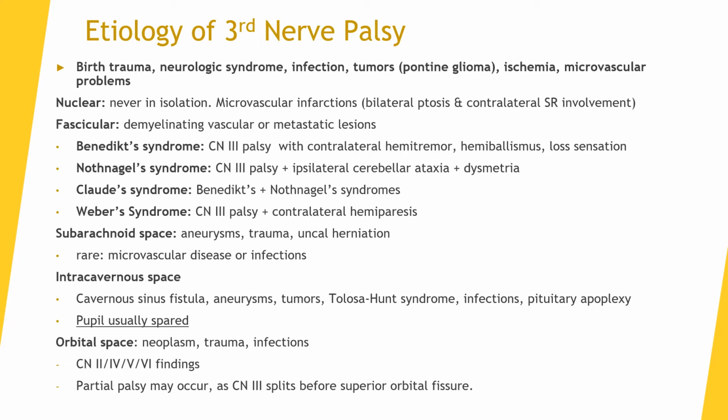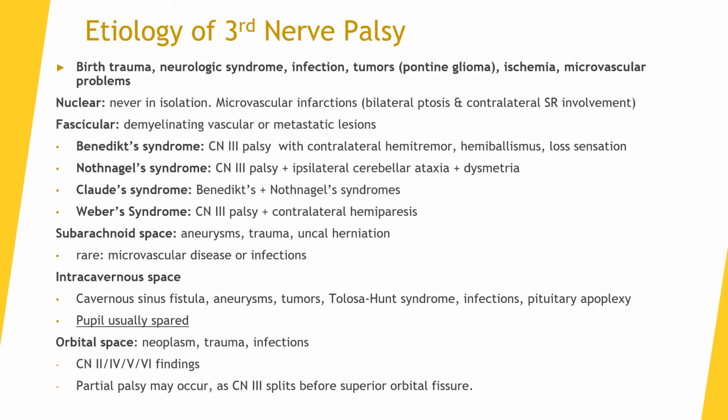Infections, commonly herpes zoster and TB, as well as pituitary apoplexy. Pupils are usually spared with the etiology in the intracavernous space. And that is important to note because one of the functions of the third nerve is to relay parasympathetic signals to the sphincter muscles in the iris.